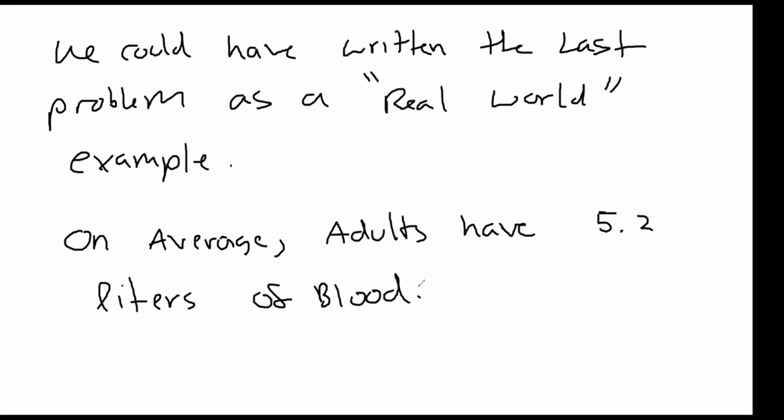So this is something that maybe doctors and hospitals keep track of. Now we're going to have this random variable that an adult has X amount of liters of blood in them.